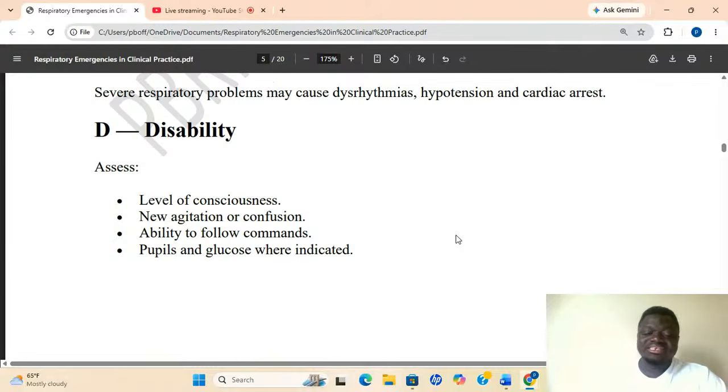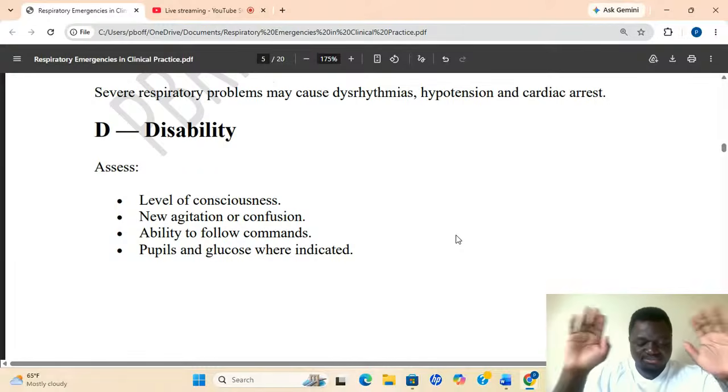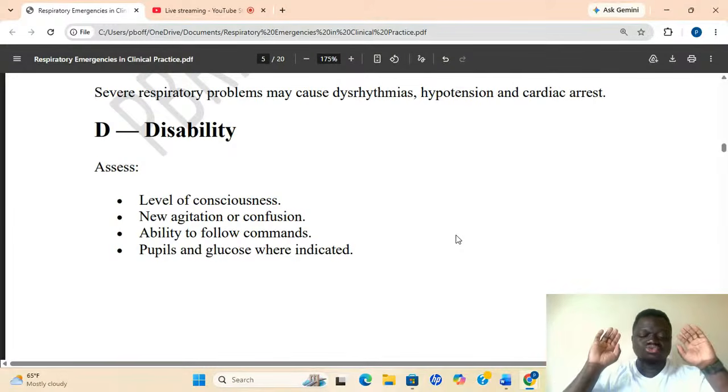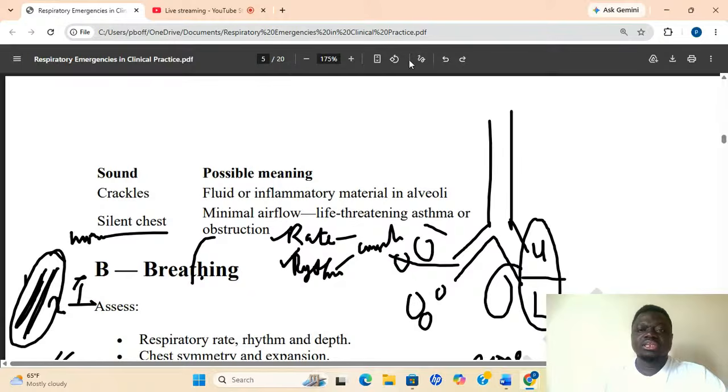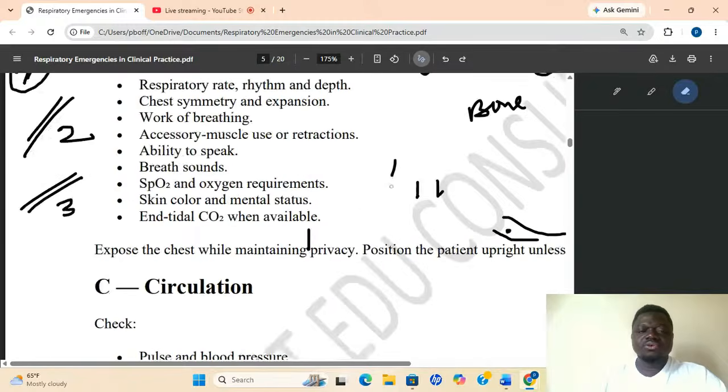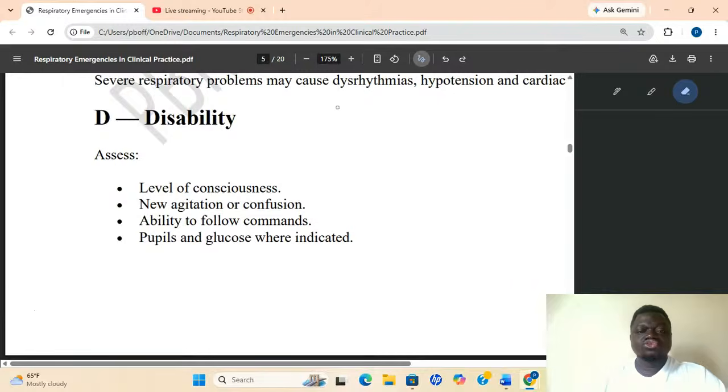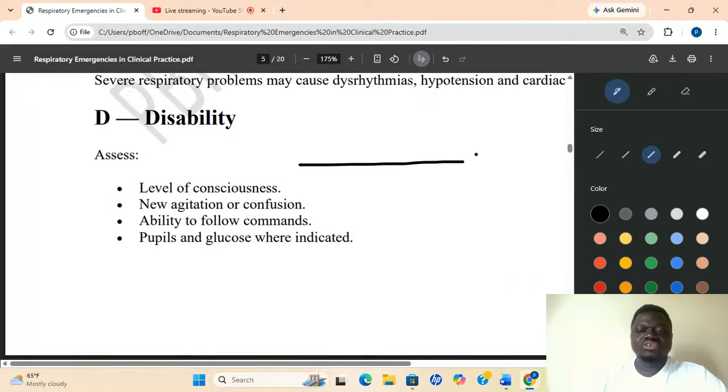Then disability. I've told you that disability is about the brain. What is the brain doing? Is it on the upper side? This is the normal, this is the upper, and this is the downer, the lowest. So this is my brain.